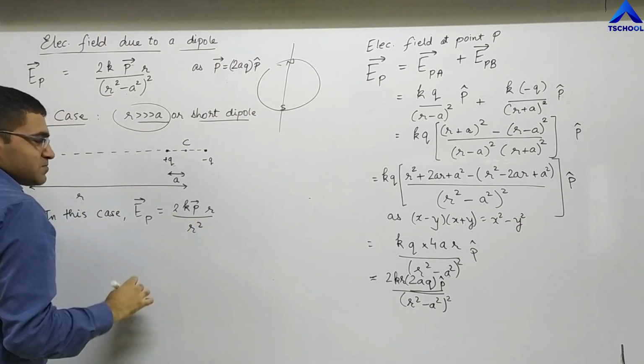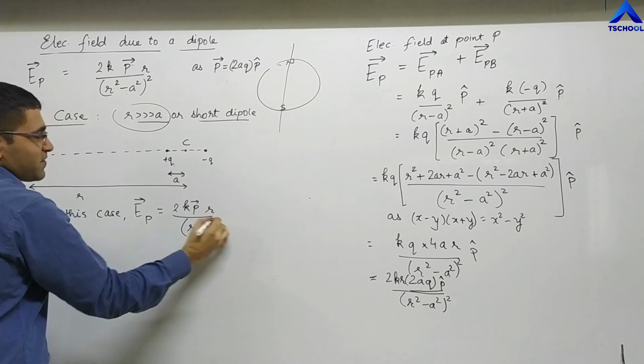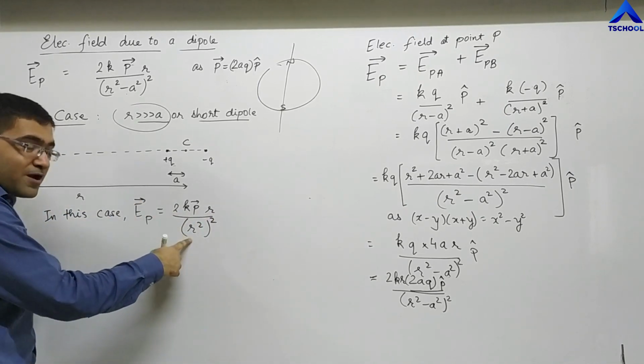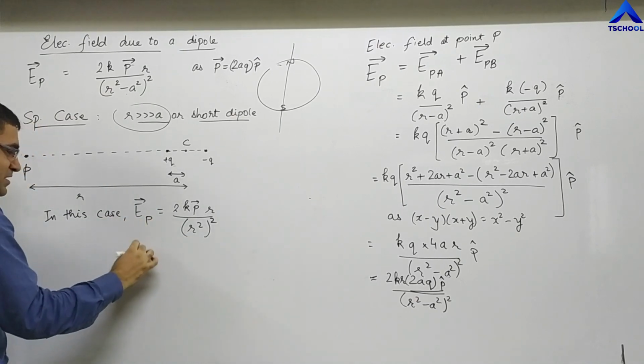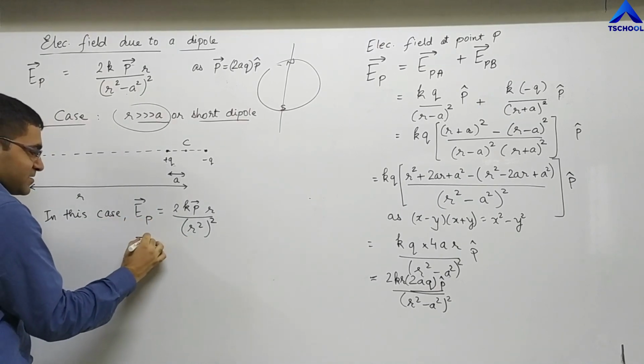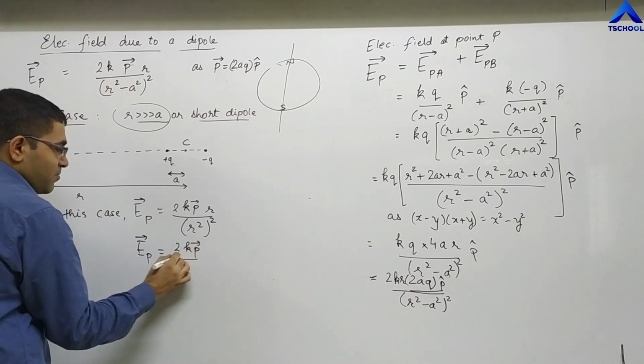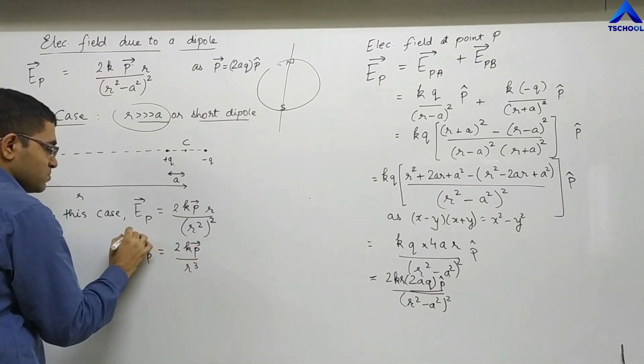So you have 2kp vector R upon R square whole square. So finally this is R raised to 4. And ultimately, by cancelling that R, you get 2kp vector upon R cube, right?